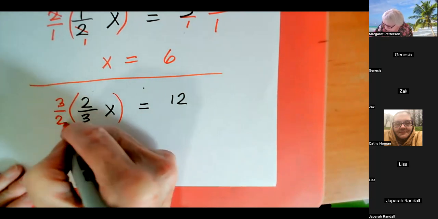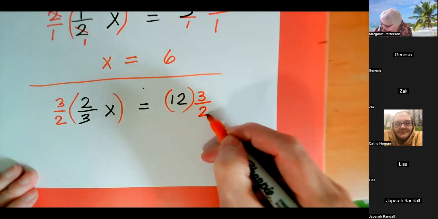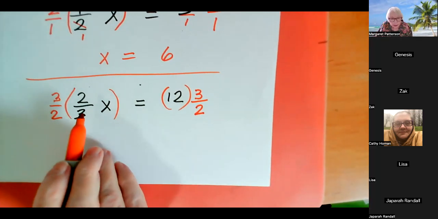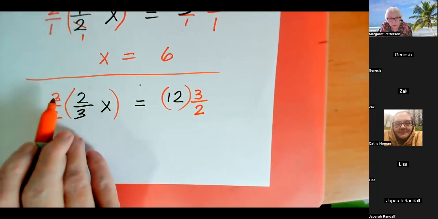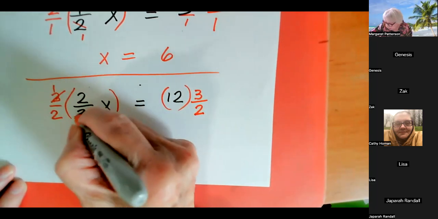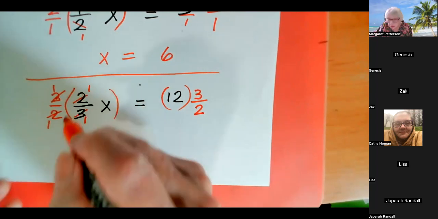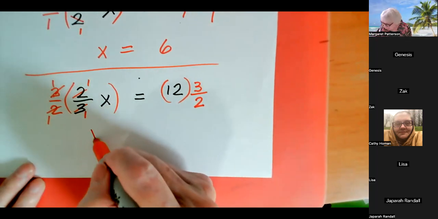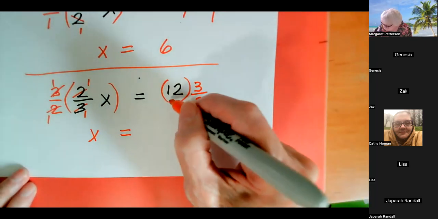This is, but I wanted to bring this up. If you saw the 2/3 and you multiplied by 3/2, look at how beautiful that is. The 3's hit the dust, the 2's hit the dust, and you're left with plain ordinary good x.